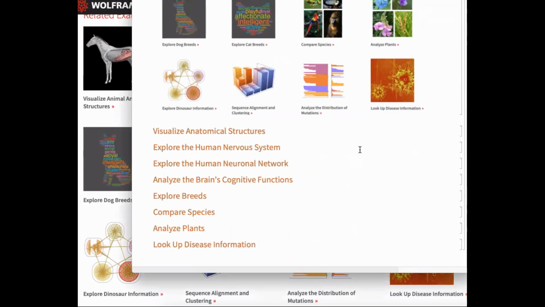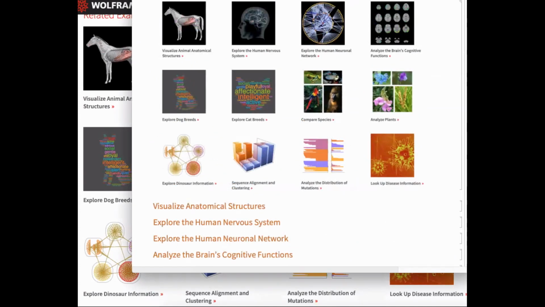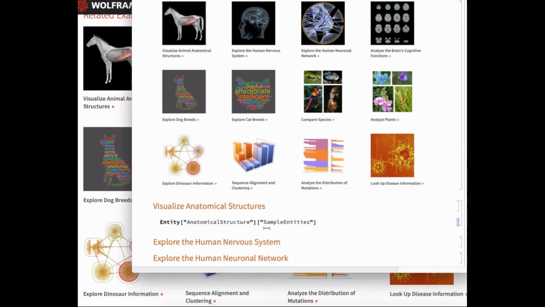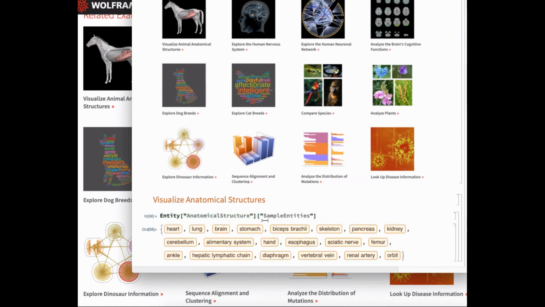So let's start out by looking at anatomy areas. The animal anatomical structure entity domain provides information about more than 90,000 anatomical parts. Here are some sample entities.